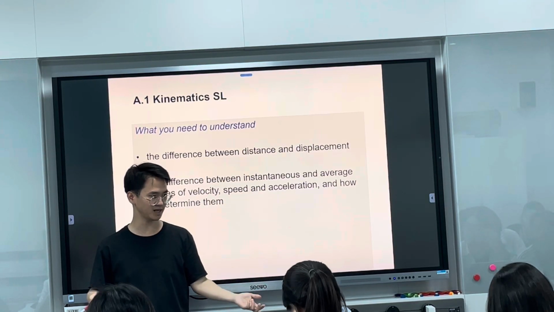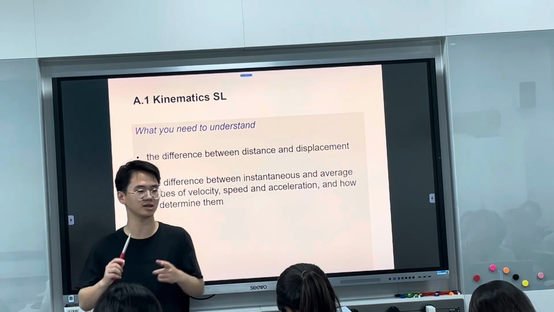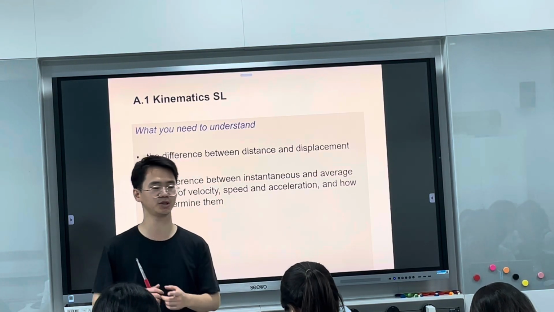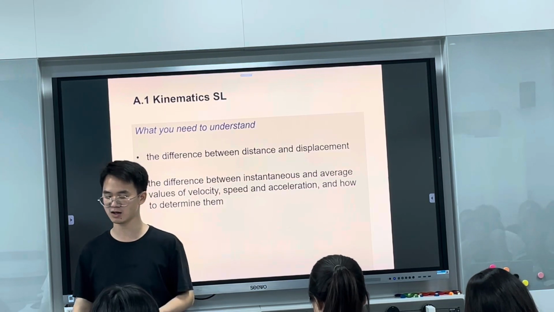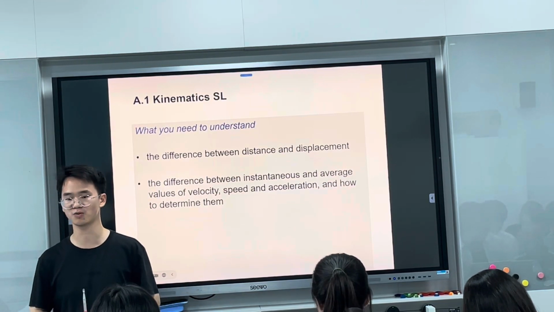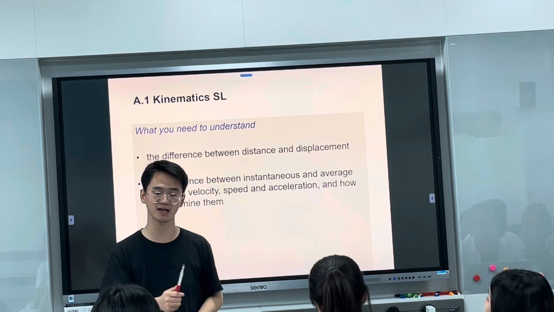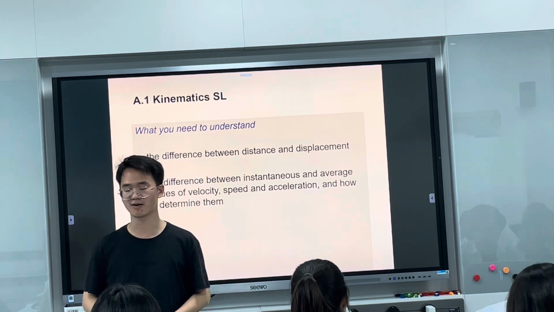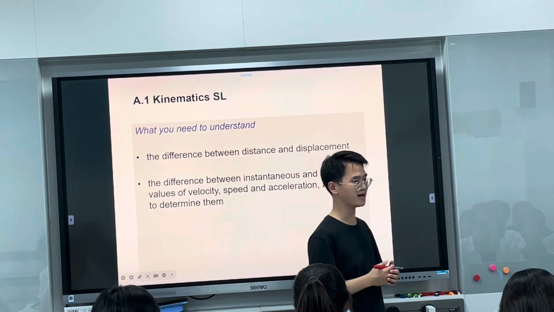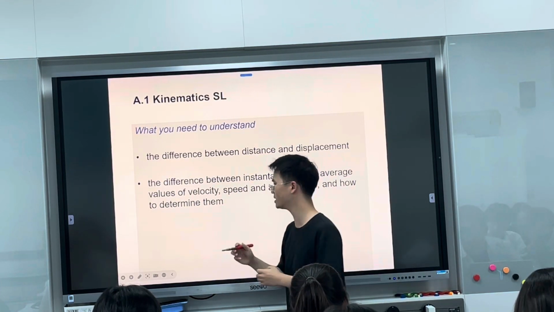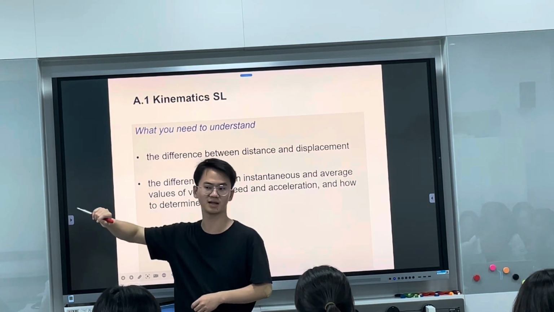Okay, she gives us an example of distance and displacement. So the fundamental difference between distance and displacement is one is scalar, the other is vector. Which one is scalar? Distance, which means it only has magnitude. It doesn't have direction. But displacement is a vector, so it has direction. And it's always pointing from the starting position towards the ending position.